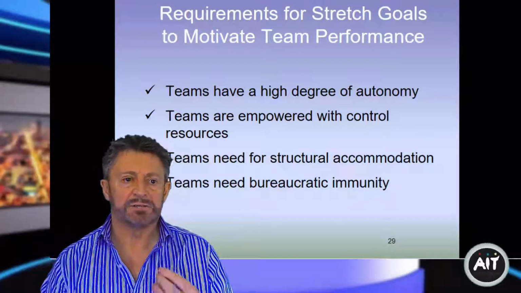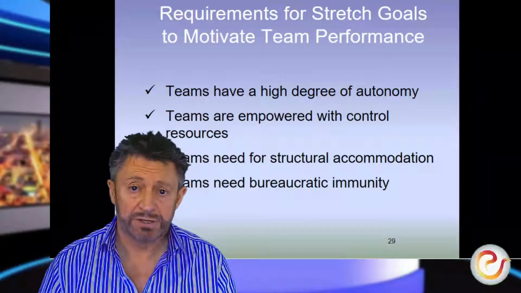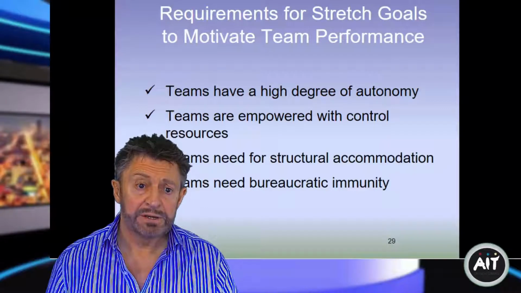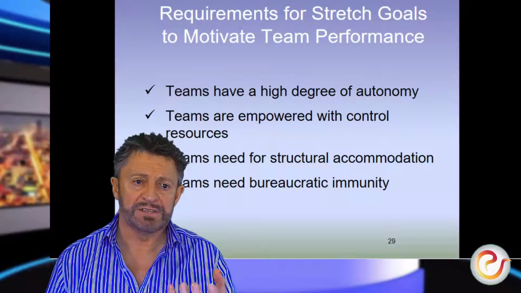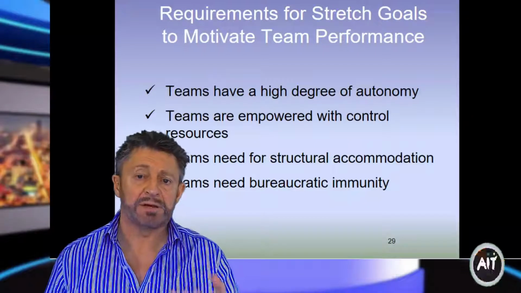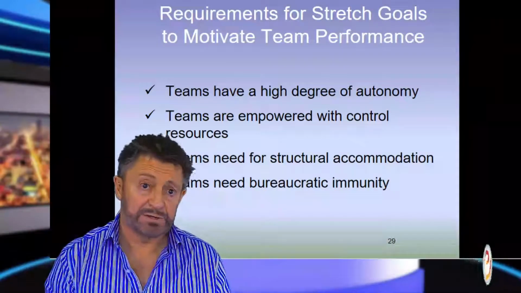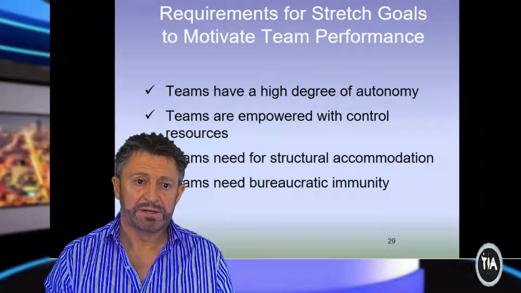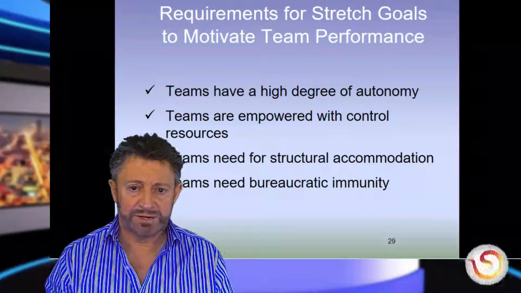Teams have a high degree of self-autonomy, so that to a large extent they are trusted to deliver on the goals. How they do it is totally within the remit or boundaries of the team itself, and based on past performances, these teams have always delivered. Therefore, we can let them off. We don't need as much oversight. It's like teaching a kid to walk. You're standing there with your hands behind them.